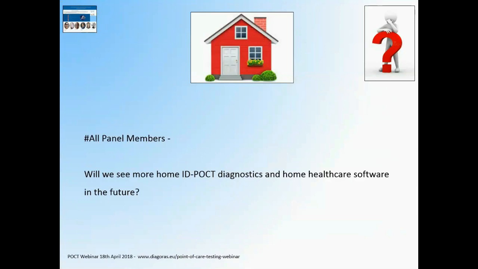Kostas? This is Kostas from Hahn Schickard. I think it may possibly be the case, with the intention to decentralize hospitals and clinics. On the other hand, it has to be handled really with care at home, especially from the perspective of the interpretation of the result, rather than whether it is easy or not easy for the patient to do a self-test.